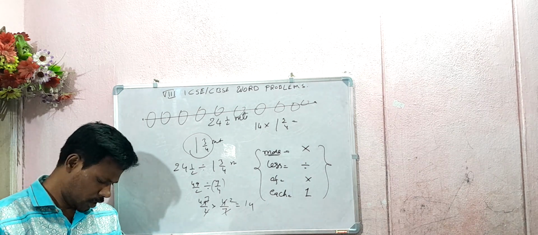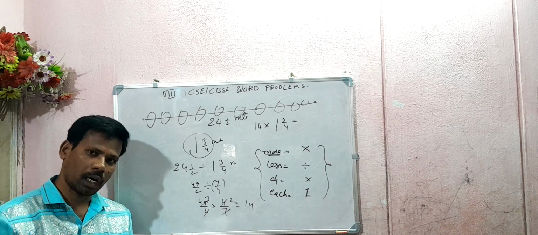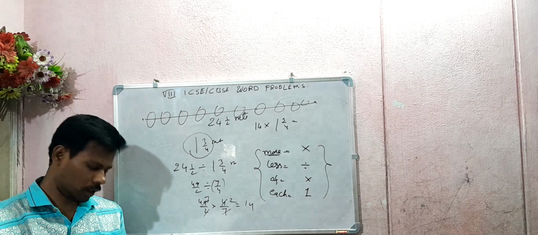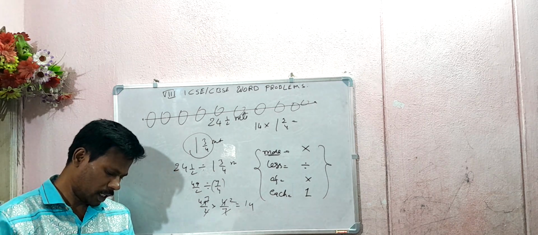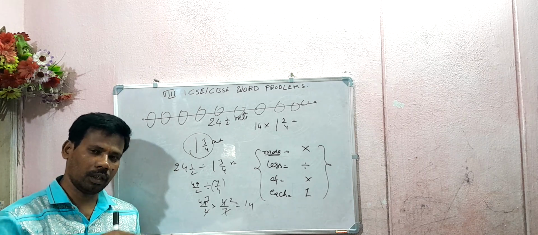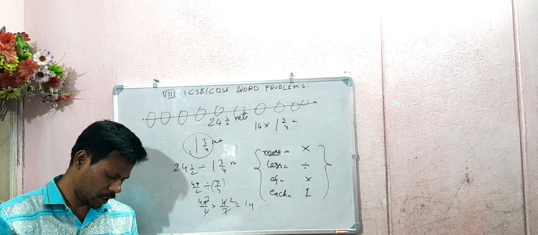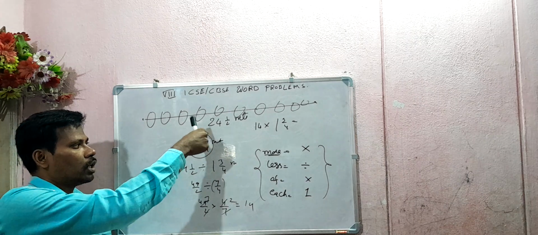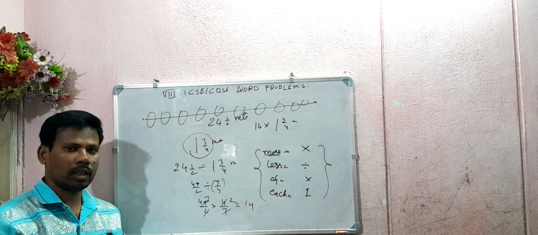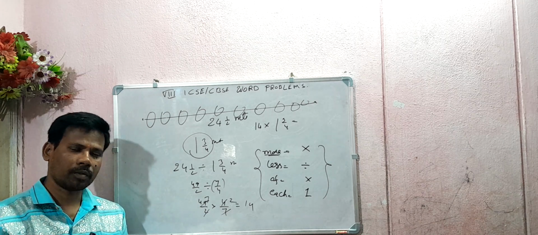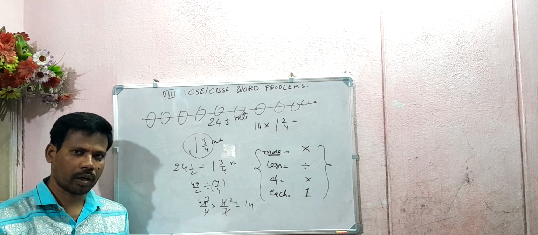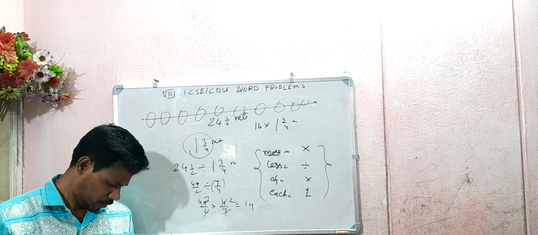This is another one. I am covering all the models. First we did more, less like that, and another type: of means multiplication. This is another type. If you want less, it is less, and less means you have to divide. And problems are given; this is useful for competitive exams also.